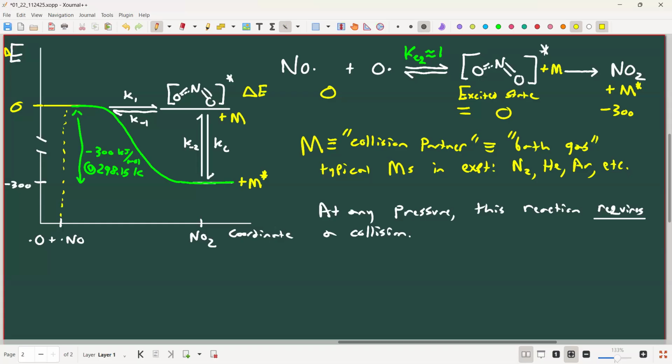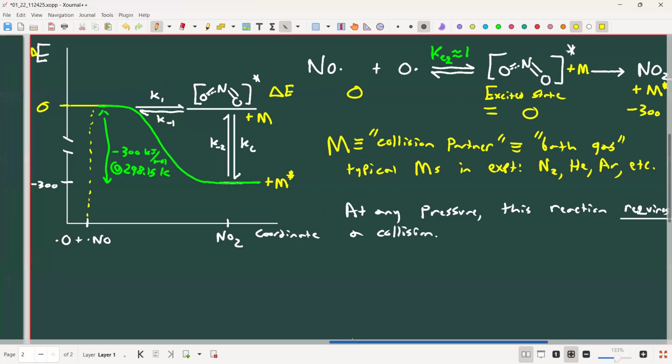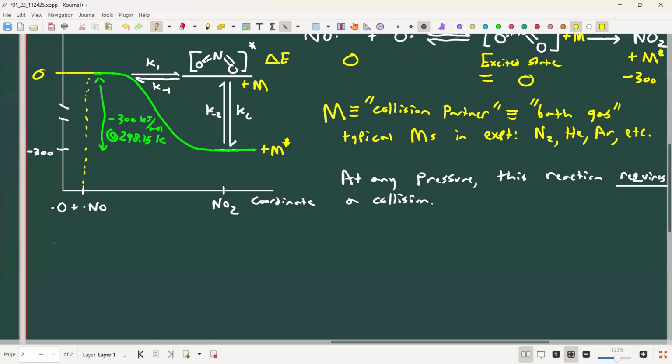So I won't go through the math here, but the math works exactly the same as it did for Lindemann-Hinshelwood. We're going to write the total rate of formation of our products and take this NO2 intermediate as a steady state material. It would be our short-lived intermediate. Basically the concentration's time derivative is 0, meaning that the concentration is constant, right?